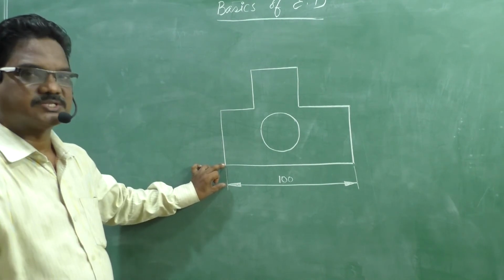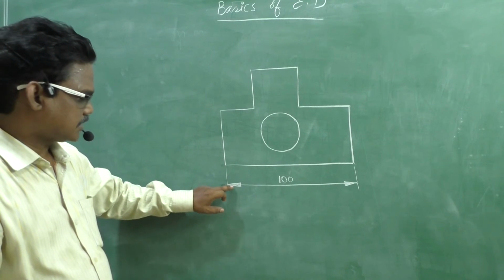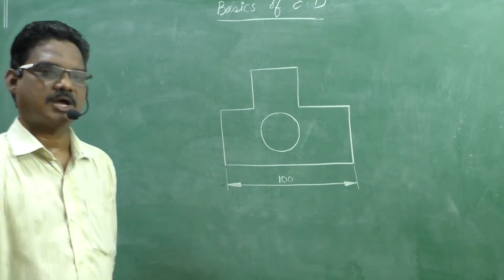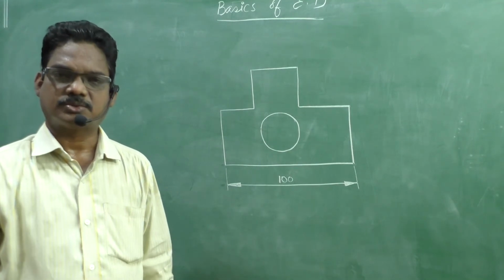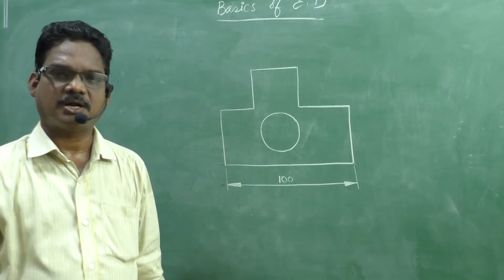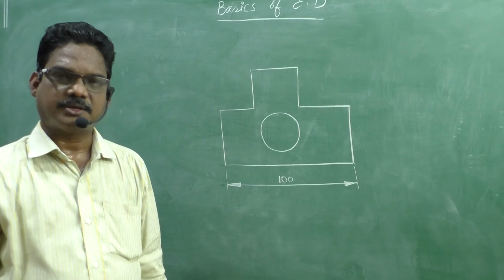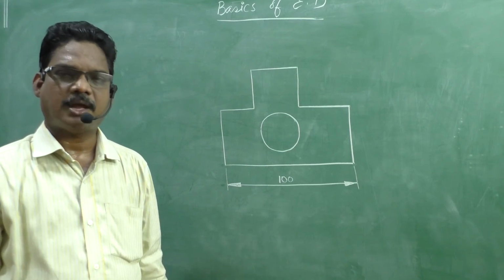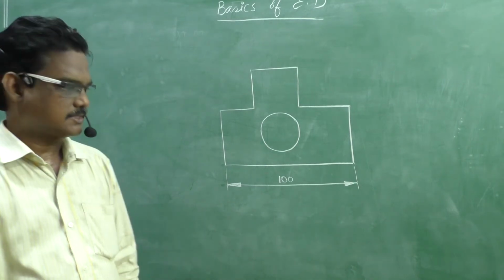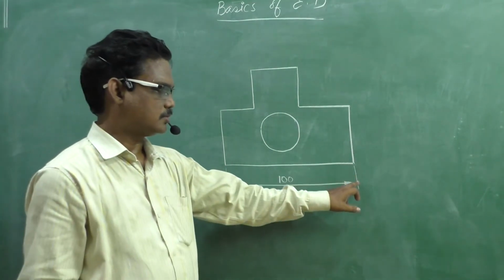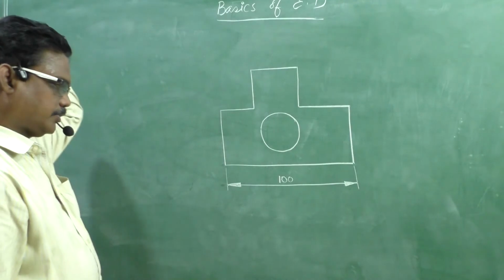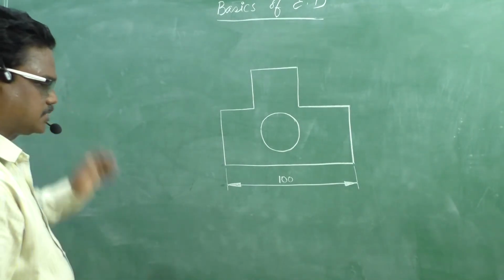Generally, students make mistakes here. They draw it very near to the object line. In such cases, the student or any person is not able to distinguish the object line and the dimension line. That is the reason at least 10 mm distance we need to leave from the object line to the dimension line.